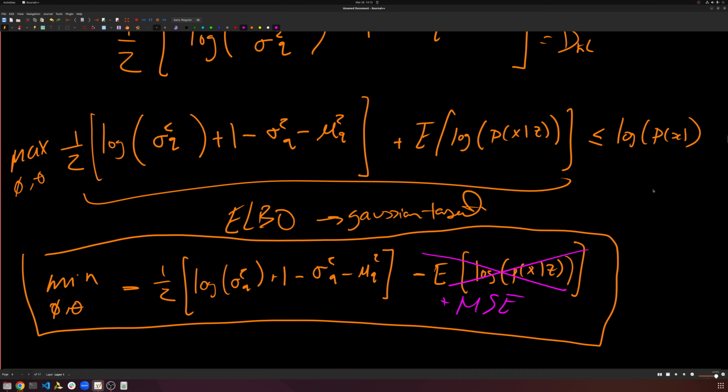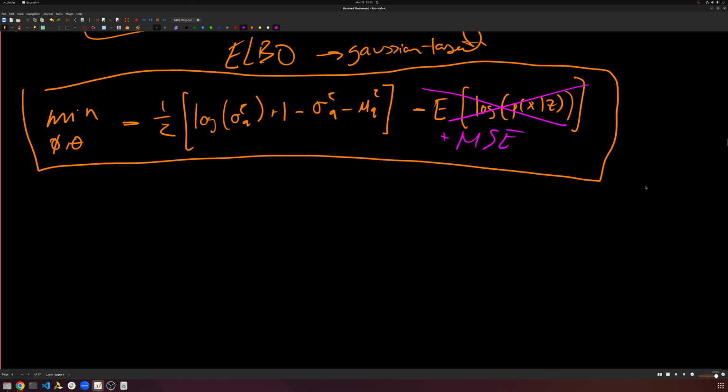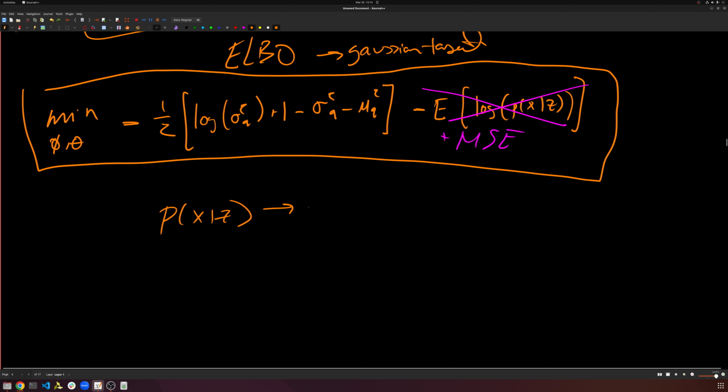Just to give a quick idea, let's see where the mean squared error comes from. Again, I'm not going to be digging into this too much today, which is fine. It's just to give a little bit of intuition. So we have the probability of x given z, and our assumption is that this conditional probability is also Gaussian, right?